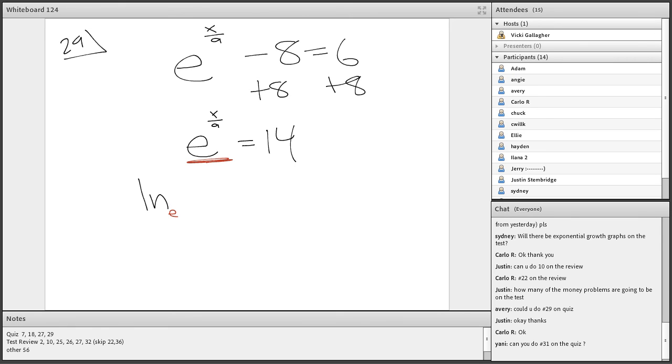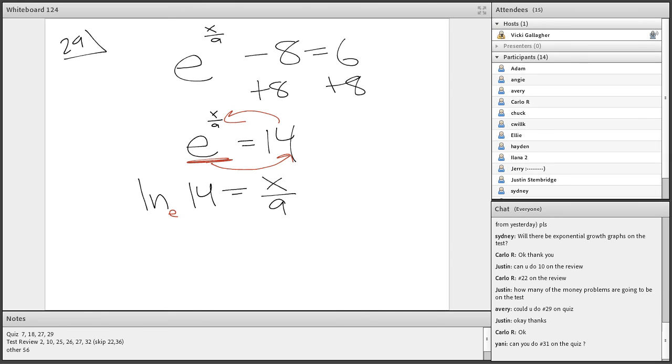And then we do the natural log base e of 14 equals x over 9. And again, we really just want you to get everything into calculator ready form. You just want to get the x by itself. We're not doing any decimals, nothing like that on tomorrow's test. It's all just get the x by itself.